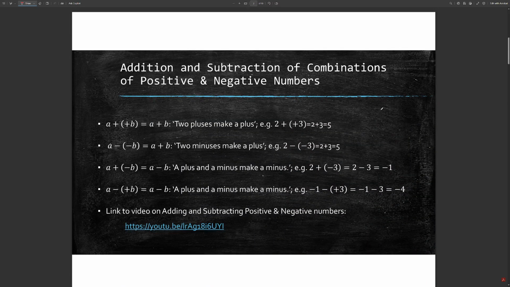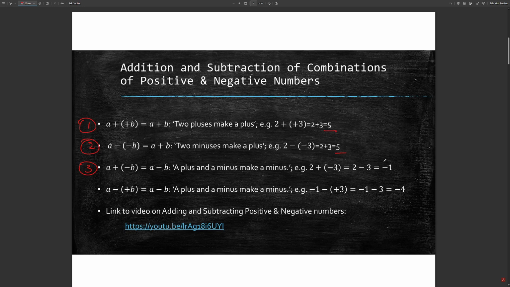These are some properties here of addition and subtraction of different combinations of numbers, whether either positive or negative. So if we add two positive numbers here, number 1, we get a positive number. If we take away a number from a negative number, we get a negative number. If we take a positive number, we add it to a negative number, right?